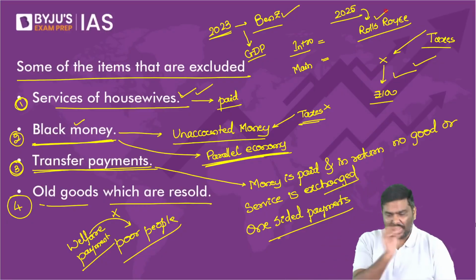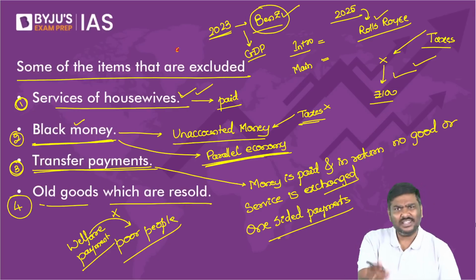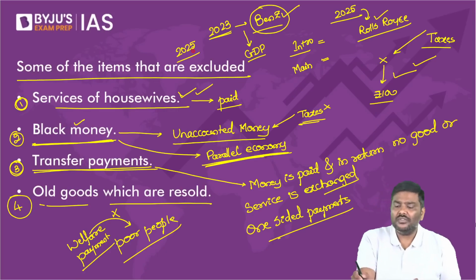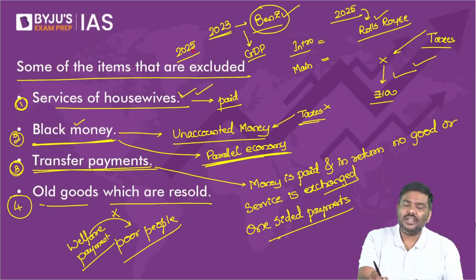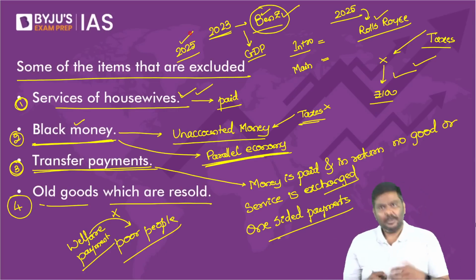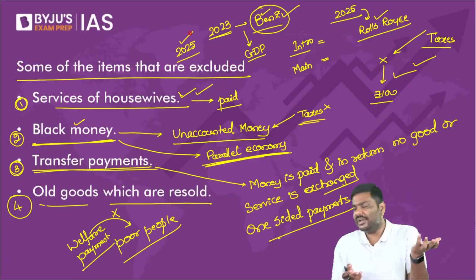Now, simple question to you. When you sell the Benz car in 2025, of course, you will get certain money for it. Should you count the Benz car market price again in GDP 2025?